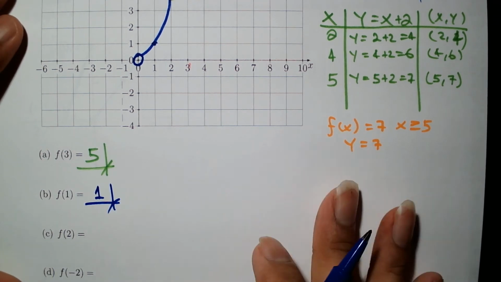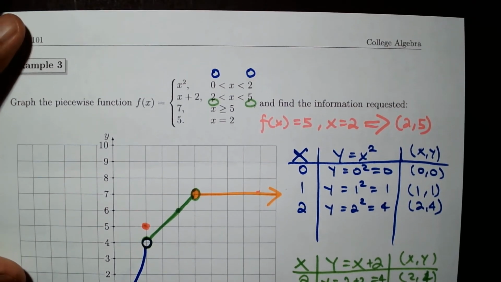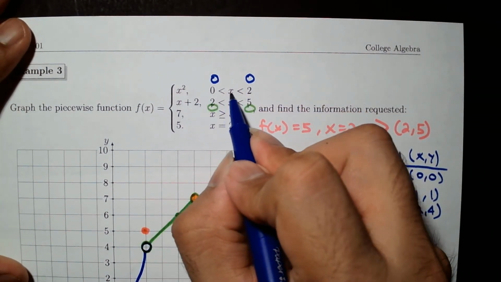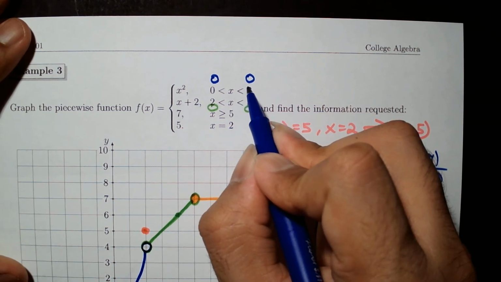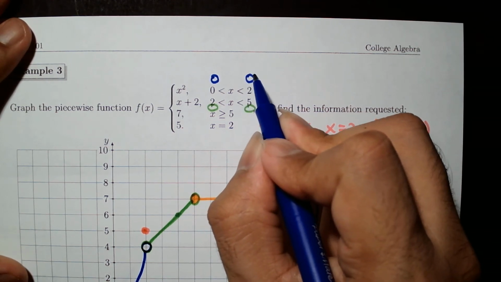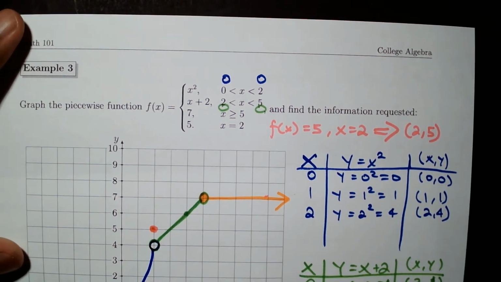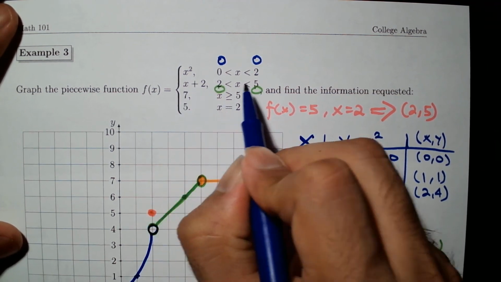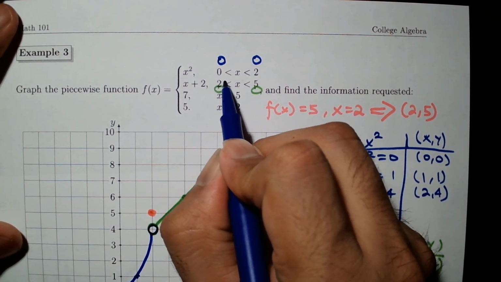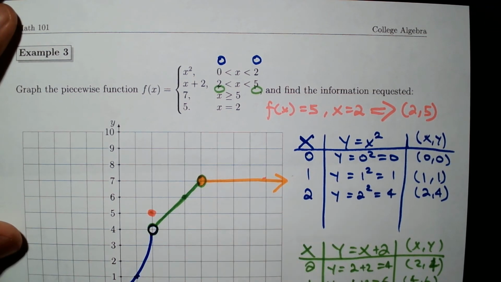F of 2. Be careful, because in this case, the first part for the quadratic involves in a way the number 2. However, there's an open bubble, which means it's not defined. The second part, which is the green part, involves the positive 2, however, as well as an open bubble.